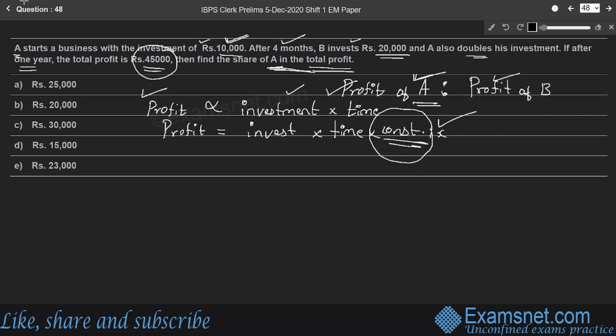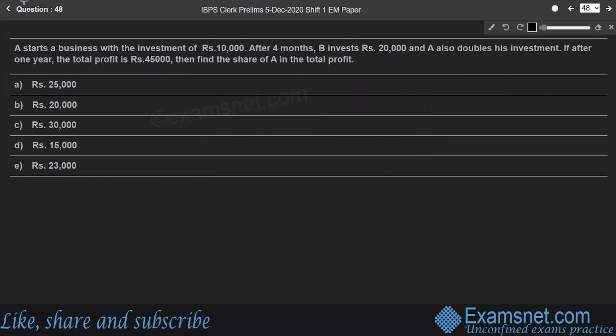Therefore, let us find the ratio of profit of A and profit of B. Then we can find the share of A in the total profit, right? So let us go step by step here. Here, profit of A to profit of B ratio.